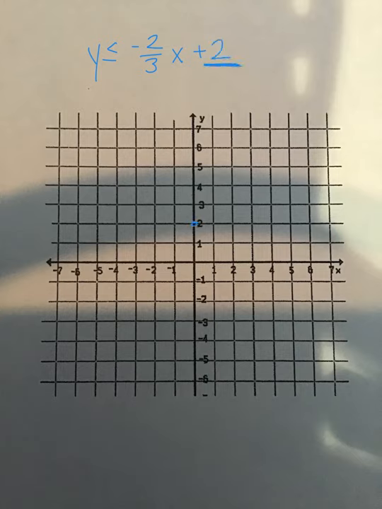So we are starting with a dot on positive 2. The slope is a negative 2/3, which means because it's negative, we're going to go down 2, and we're going to go over 1, 2, 3, draw a dot. We have room to fit that one more time. Down 2, over 3, draw another dot. It is the less than or equal to sign, which means it's going to be a solid line.